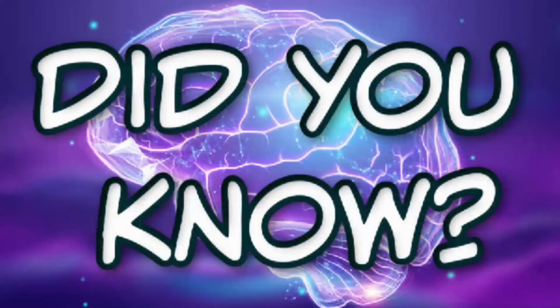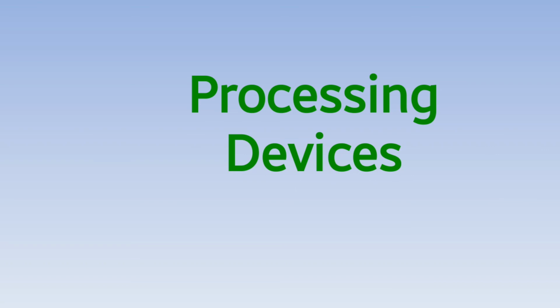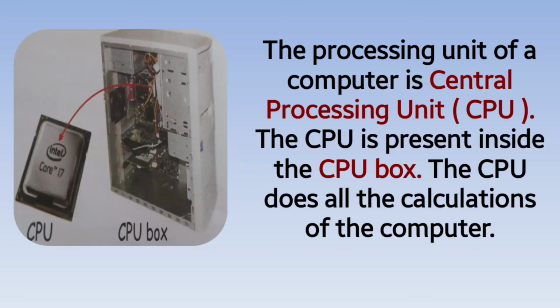Then we learned about the processing device. The processing unit of the computer is the Central Processing Unit, CPU. What is its work? The CPU does all the calculations of the computer.